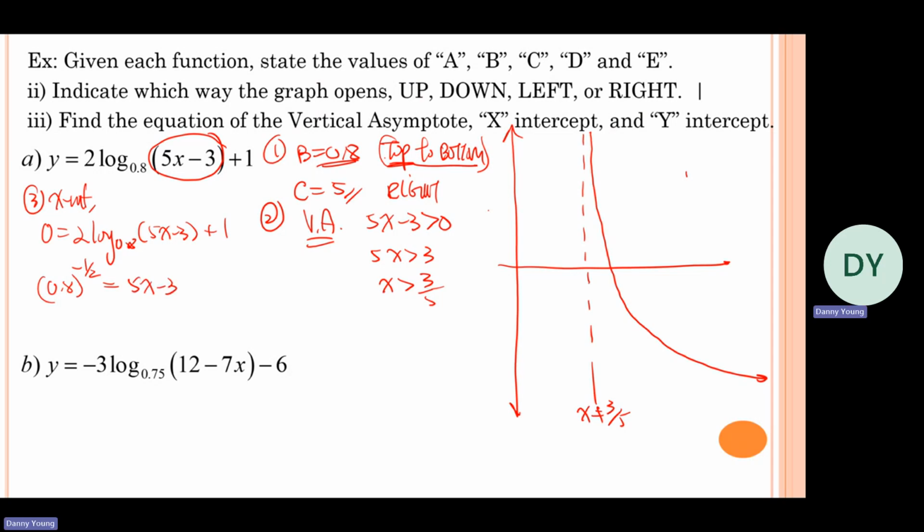Tell me what x is if you simplify all this. 0.82. That means your x-intercept is 0.82, comma 0.